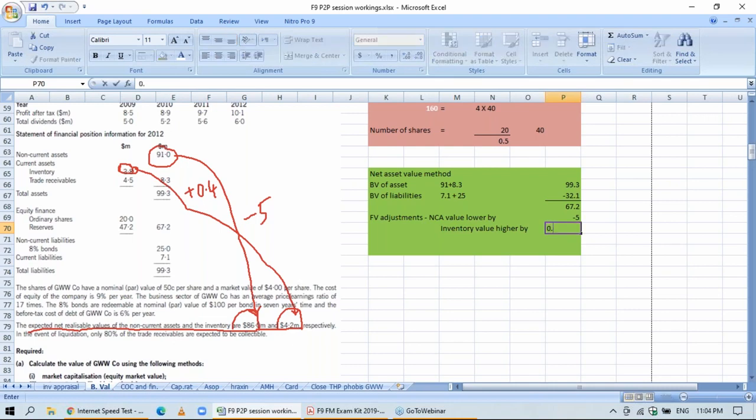0.4. And then receivables. About receivables, they say that only 80% are collectible. So 20% needs to be written down. So the receivables are 4.5 multiplied by 20%, which needs to be written down.